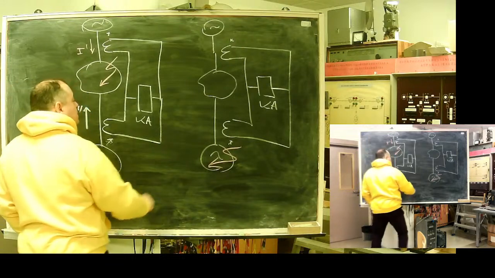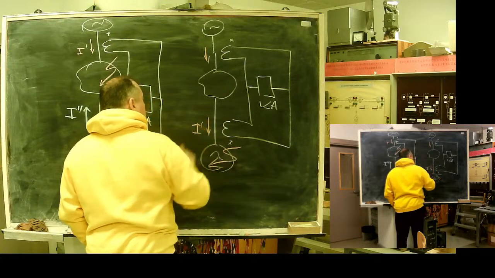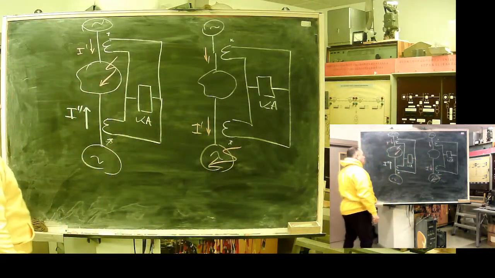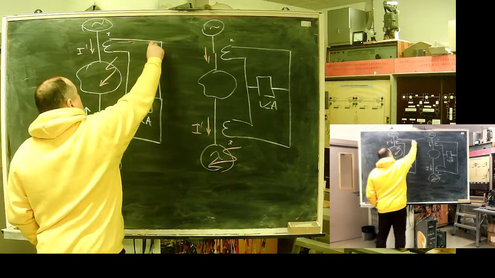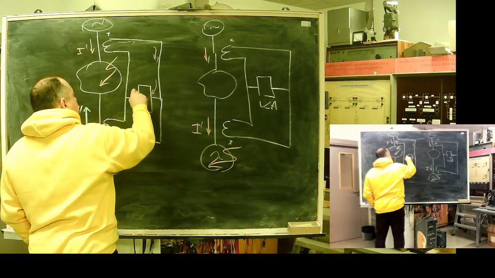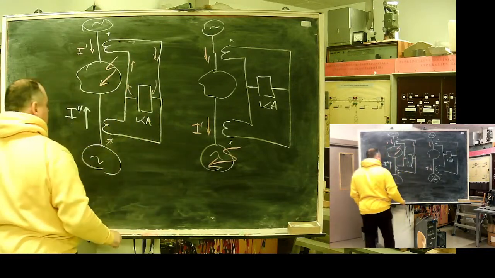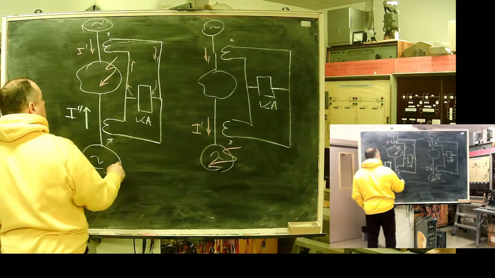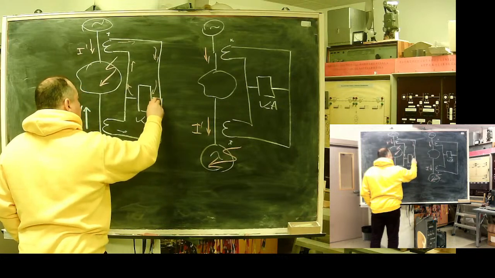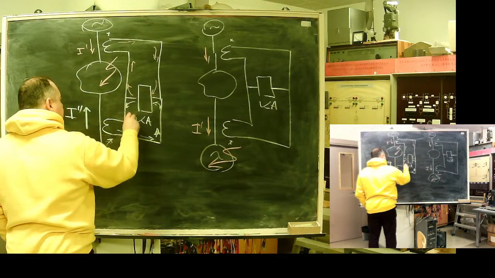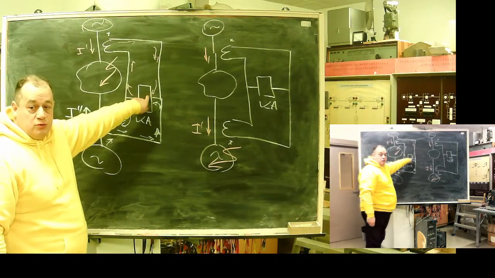In case of an external fault, only current 1. What will be the current through the relay?